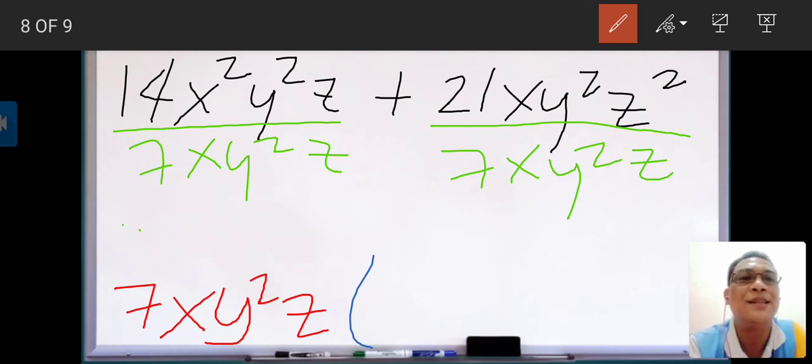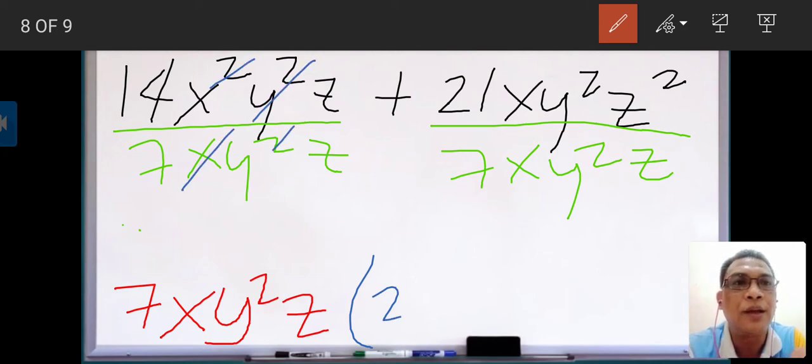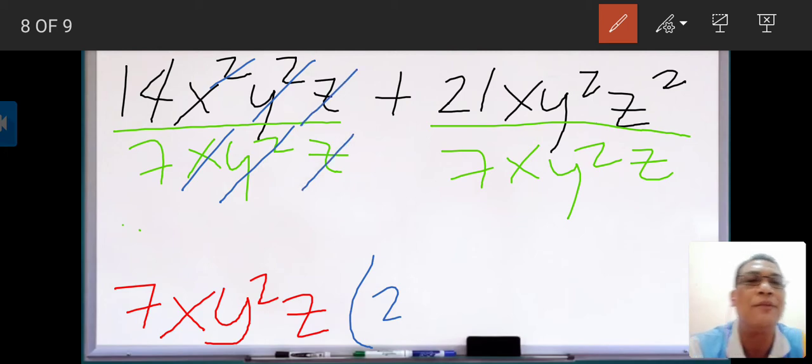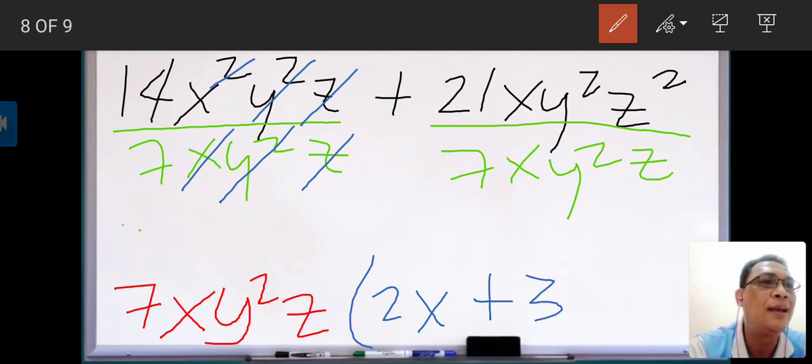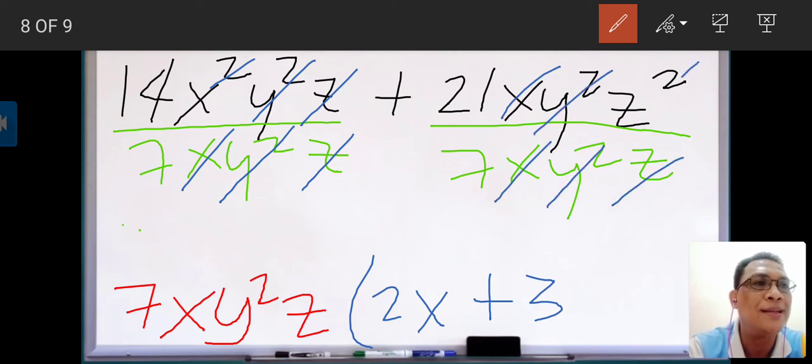14 divided by 7, that will be 2. Okay, this will be cancelled out. y will be cancelled out and z will be cancelled out. So that will be x. Plus 21 divided by 7, that will be 3. Cancel this out. y will be cancelled out. 1 z will be cancelled out. So that will be z.